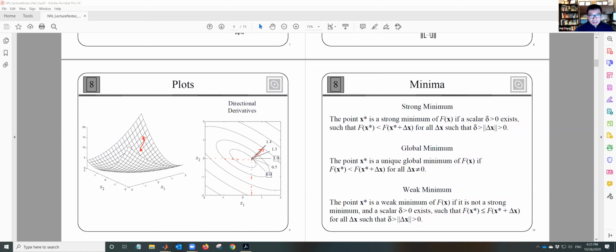Now, the directional derivative, what we are asking is, your gradient is right here. You have another vector. If you project this gradient to this vector, what value are you going to get? 0, right? Because they are orthogonal. But if you project to this vector, it's going to be 0.5. To this vector, 1.0.